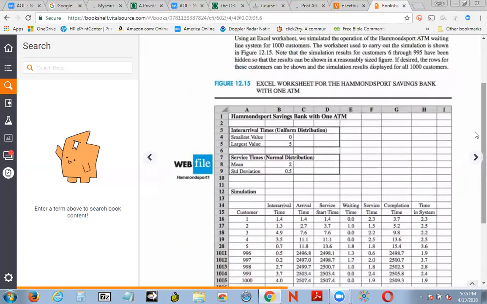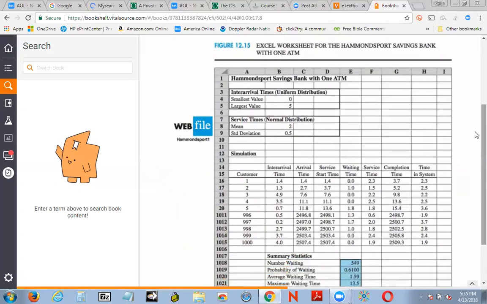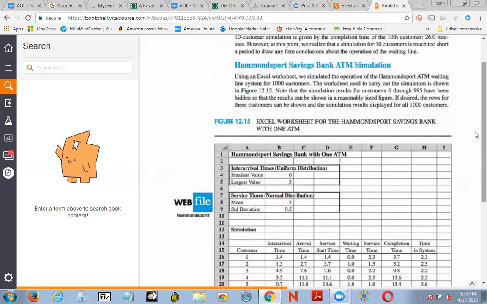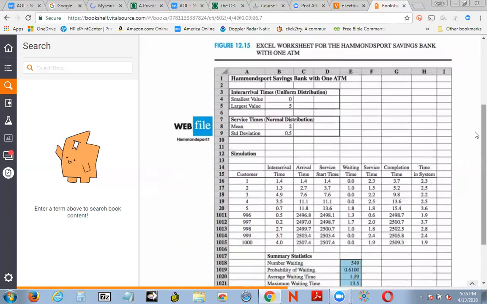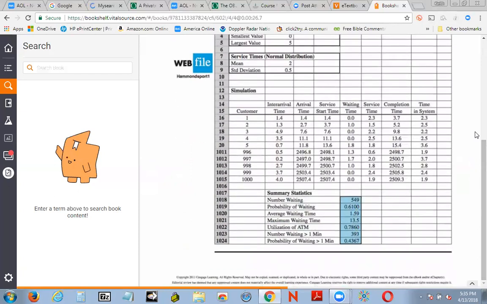Then the authors walk us over here to Hammond's port 1, okay, and here they simulate 1,000 customers: the inter-arrival time, the arrival time, the service start time, any waiting time, the service time, and then, of course, the completion time and the time in the system.